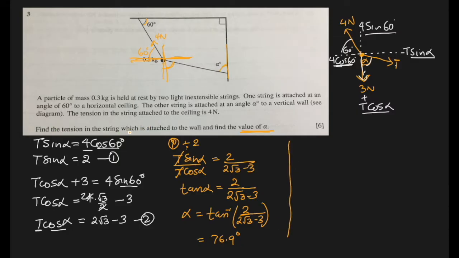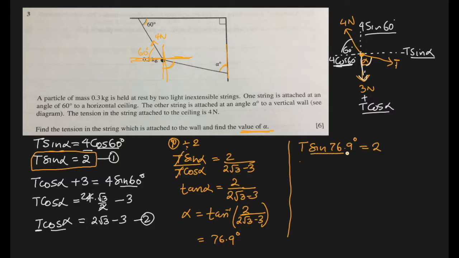Now the second part was to find tension as well. Find the tension in the string attached to the wall, and we have an equation for that, which is, let's use this one. So T sin 76.9 degrees is equal to 2.